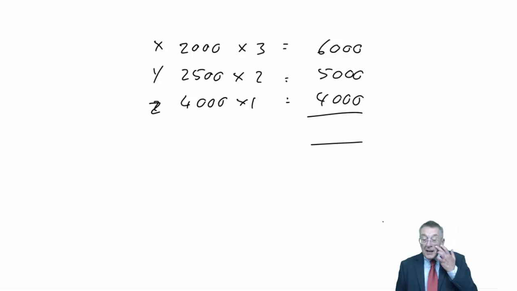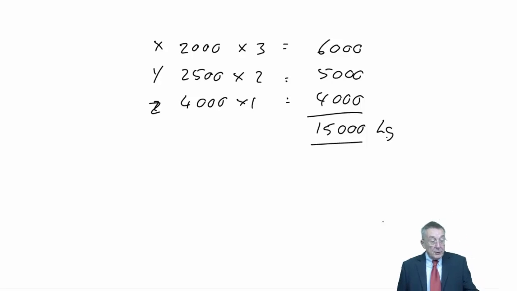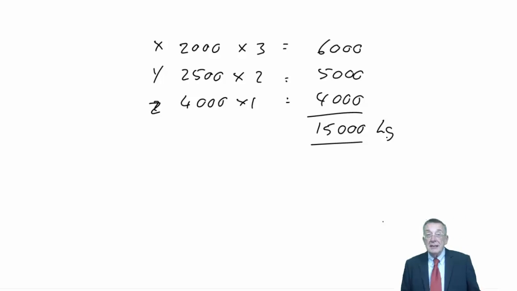And therefore, we'd need a total of 15,000 kilos. And there's where the limit becomes relevant. We've only got 8,000 kilos. We can't possibly, therefore, produce to meet demand by ourselves.